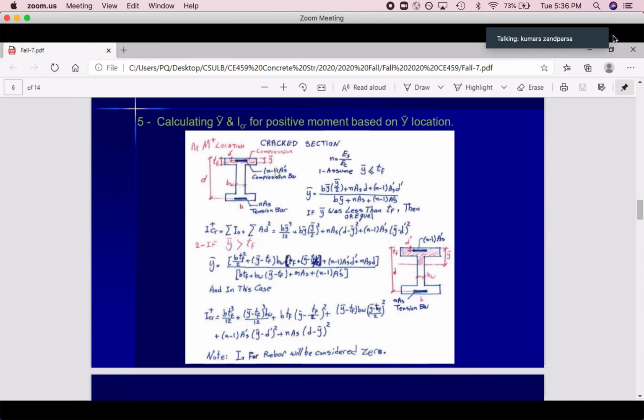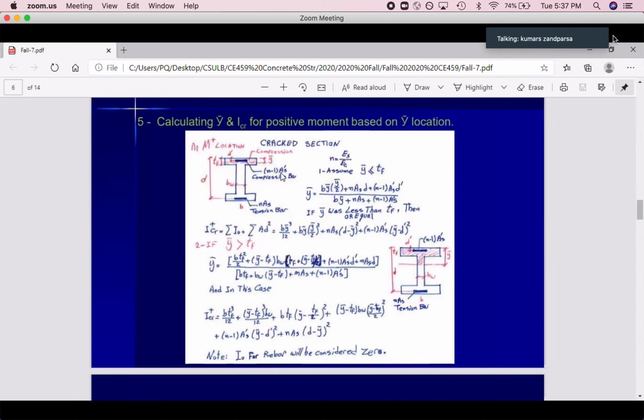So I will go with n minus 1. N is a factor that converts the rebar to equivalent concrete. How can we calculate that? Es, modulus of elasticity of steel, divided by Ec, modulus of elasticity of concrete. That's it.